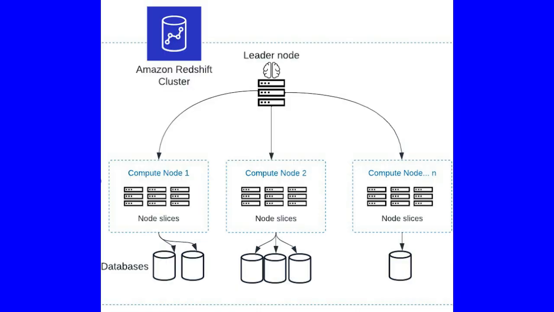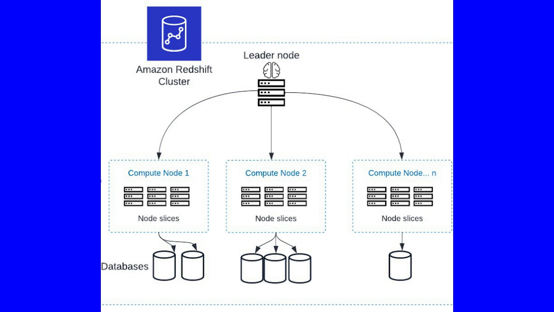Leader nodes manage communication with client programs and all communication with compute nodes. It parses and develops execution plans to carry out database operations, especially the series of steps necessary to obtain results for complex queries.